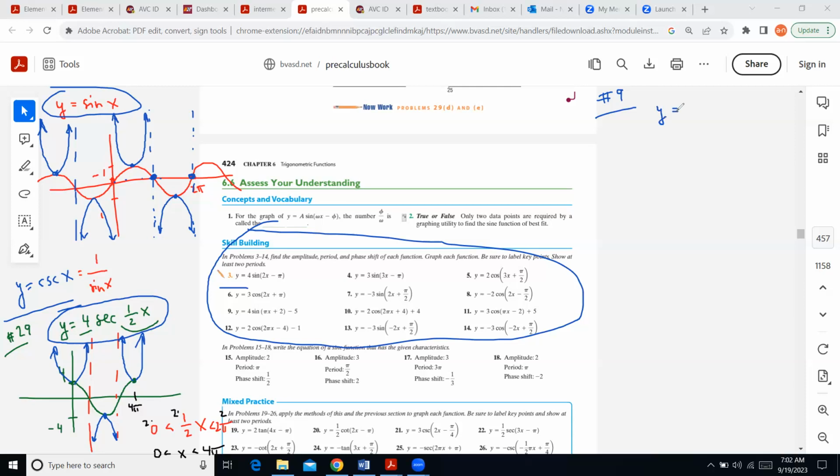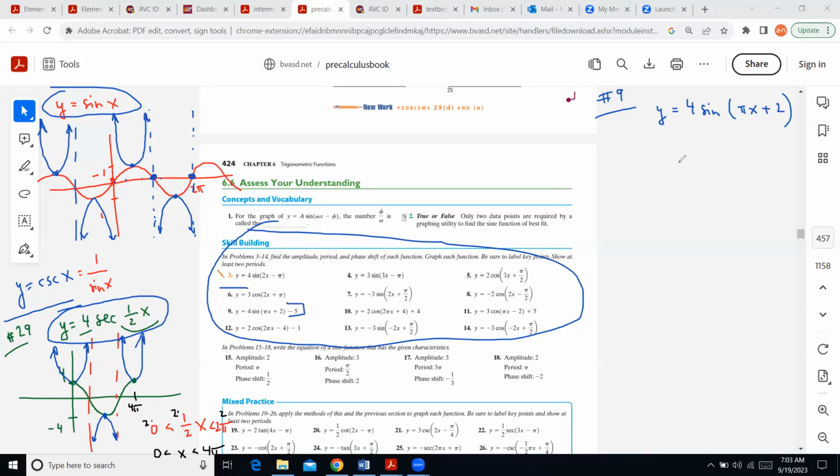So first of all, they want you to graph sine function multiplied by 4, so we already know the amplitude will be 4. And here is pi x minus 2, actually plus 2 in the parentheses. So we already know that plus 5 or minus 5 will be done later.